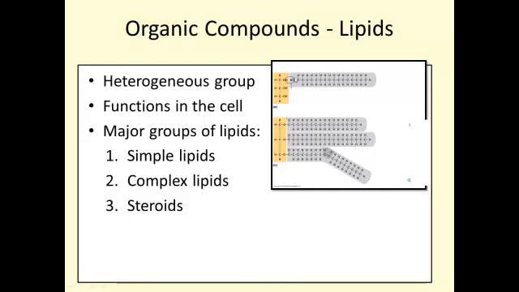So we remove a hydroxyl group from the acid portion of the fatty acid, we remove an H from the glycerol, and we hook it together. Okay. Now what kind of reaction is this where we remove water? That's right, it's a dehydration. Requires energy.